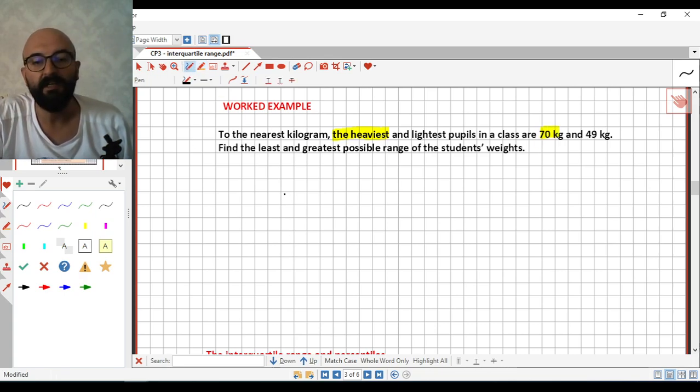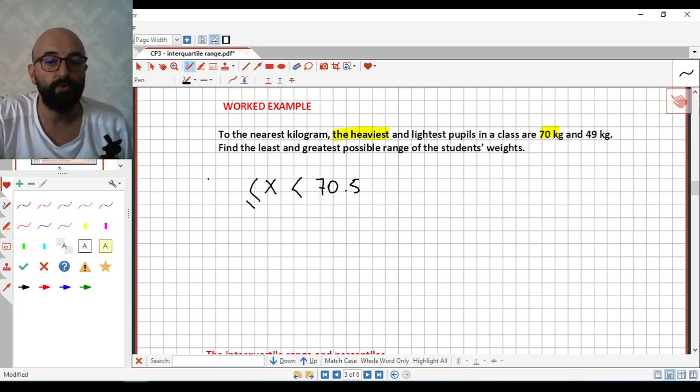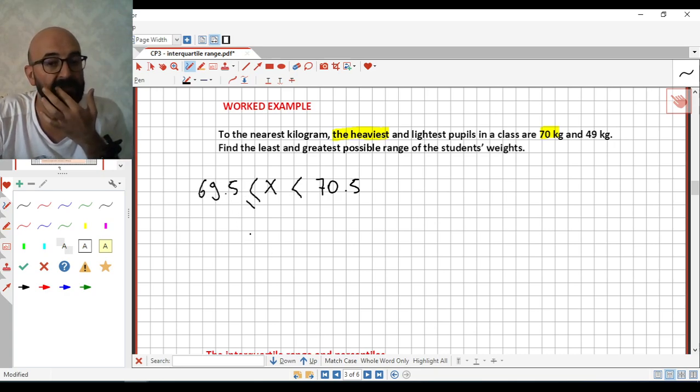If we call it X, it should be less than 70.5 and greater than or equal to 69.5.